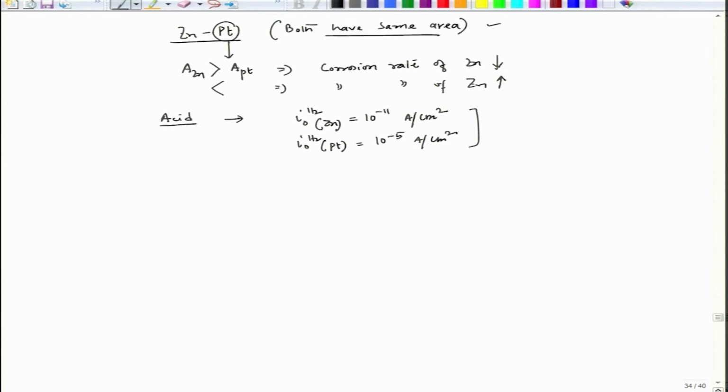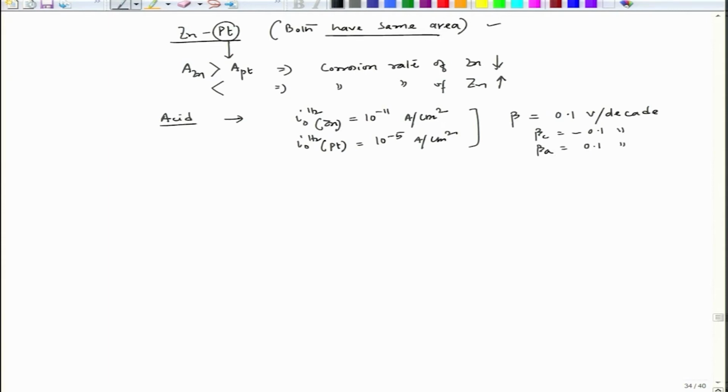Now, what would happen? If we assume that beta is always 0.1 volt per decade of current density, of course beta C would be negative 0.1 volt per decade and beta A would be 0.1 volt per decade.